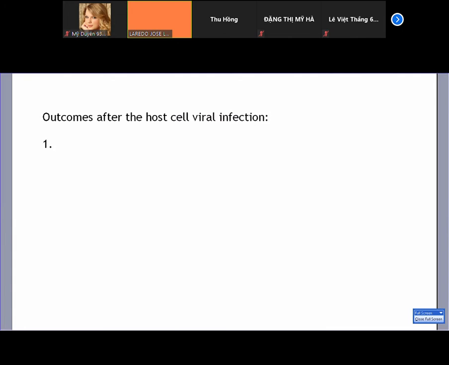Three outcomes are possible in the host cell. The first one, after the host cell is infected, the host cell will die. The host cell is destroyed. So many virions are released outside.